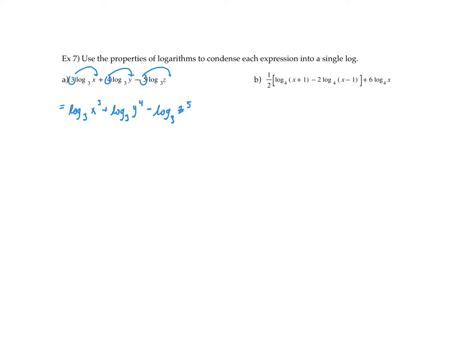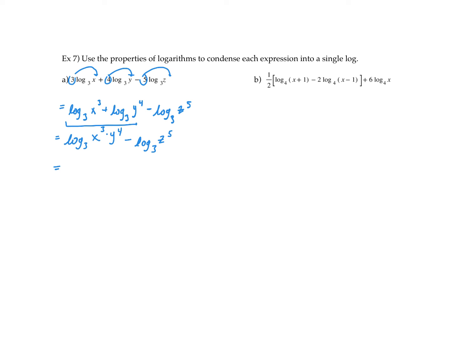Okay, now we have the same base in all 3 of our logarithms, so we know we can keep condensing. Here, this is addition, so that would condense using multiplication. So it's log base 3 of x to the 3rd times y to the 4th minus log base 3 of z to the 5th.